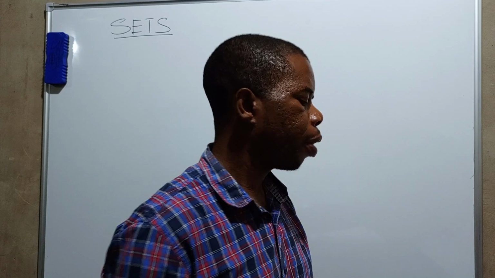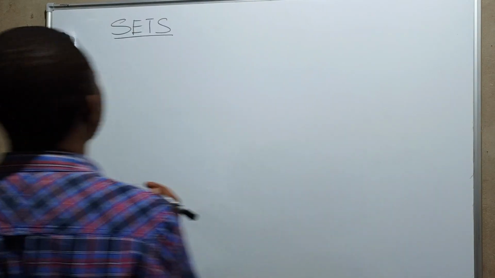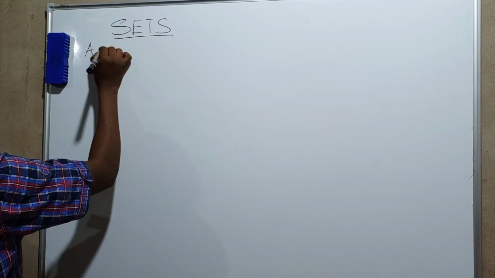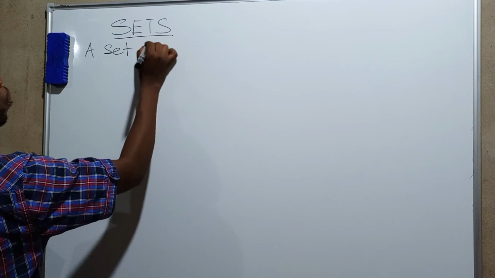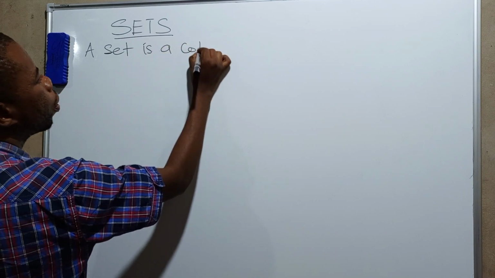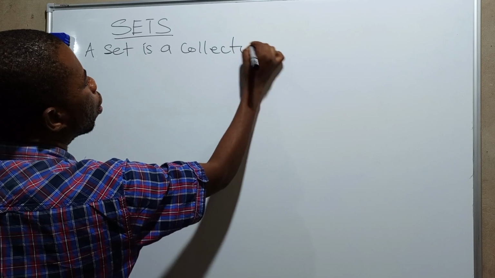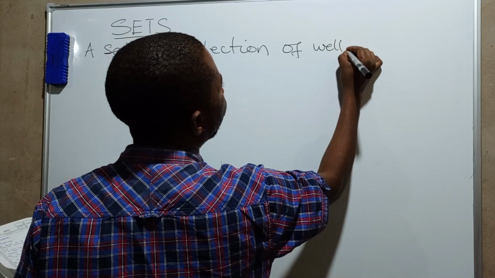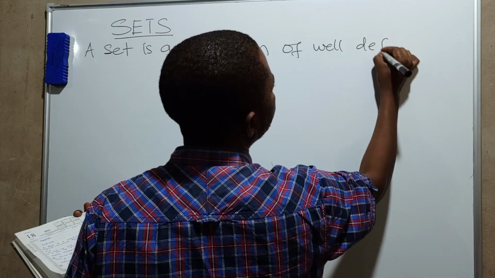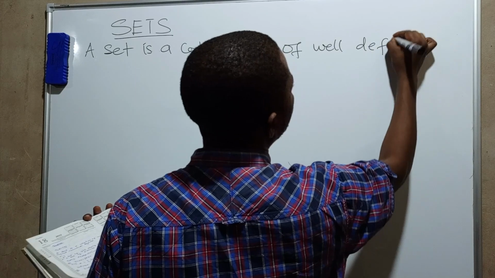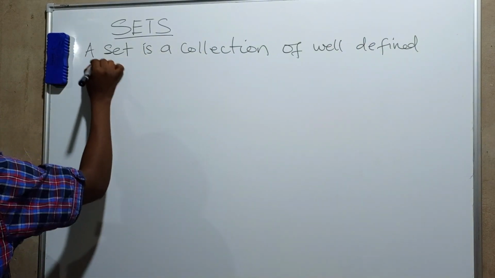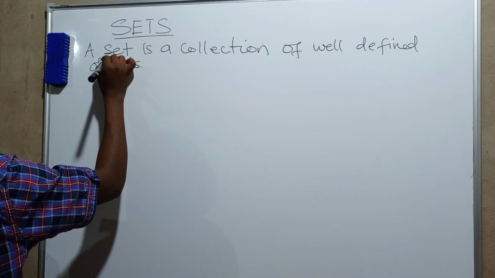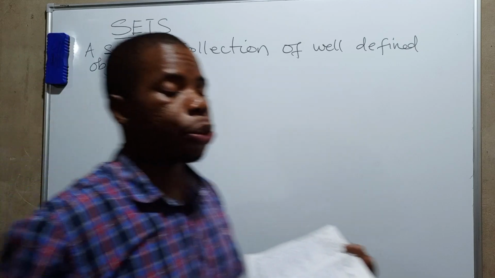So a set is defined as a collection of well-defined objects. So that's what a set is.